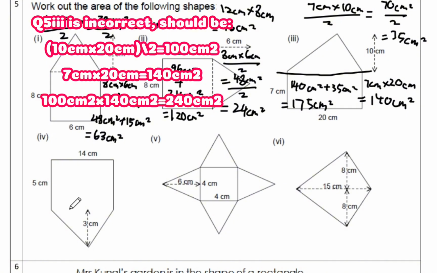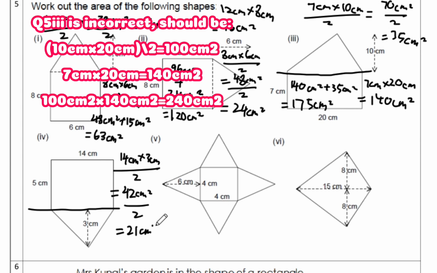For the fourth shape, we can also cut it like this. So we will take 14 cm times 3 cm over 2 equals 42 cm square over 2, which we will get 21 cm square.